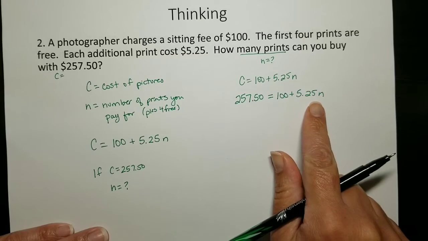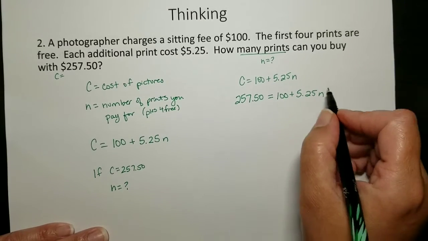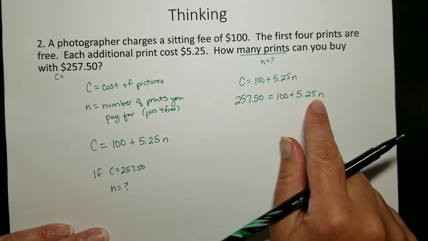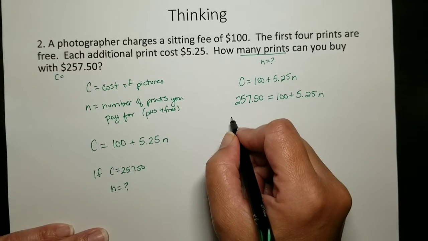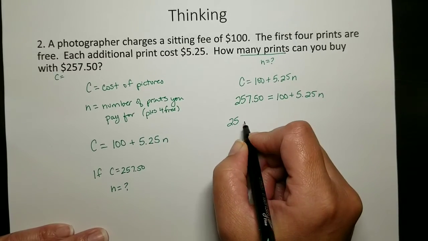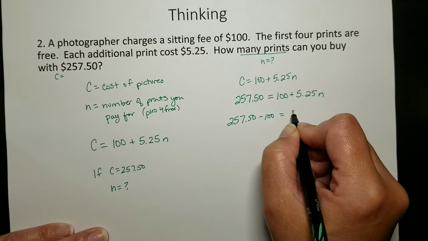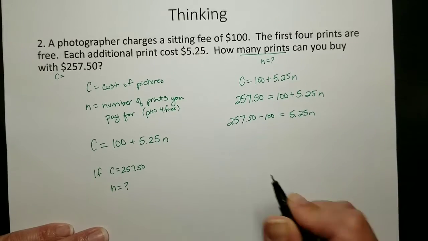And now we're going to solve for our variable N. Normally I try and get the variable to the left, but there's only one and it's on the right, so I'm just going to do it the other way around this time. I'm going to subtract 100 from both sides, and I'm left with 157.50 equals 5.25N on the right.